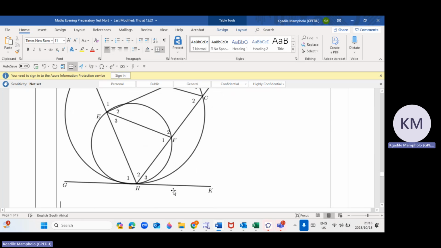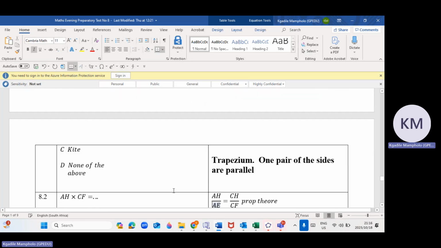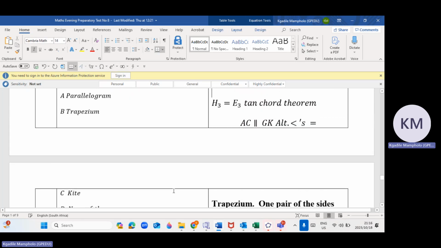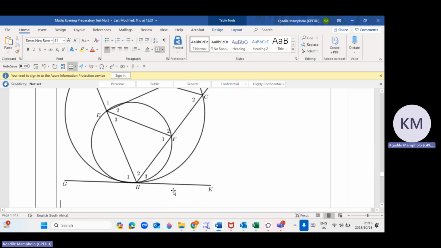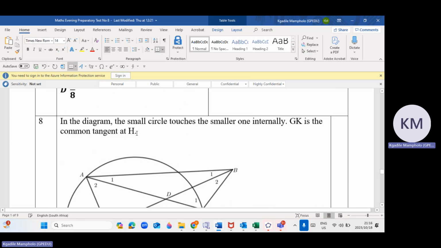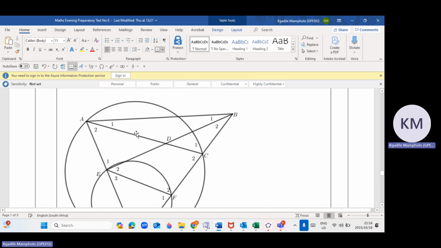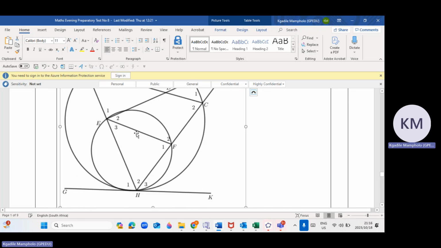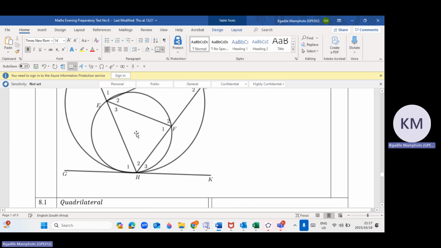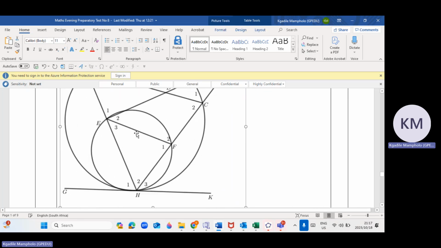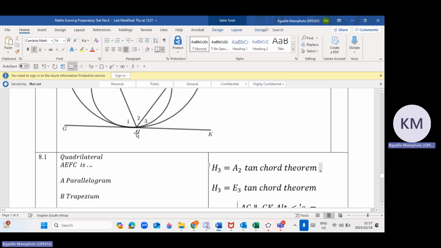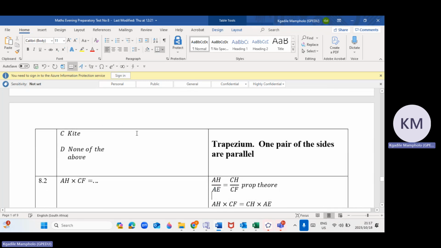So when you say AH is to CF, we say AH over AE.